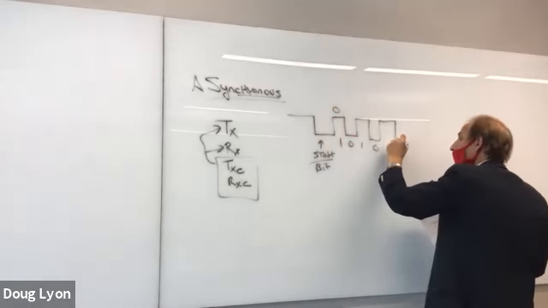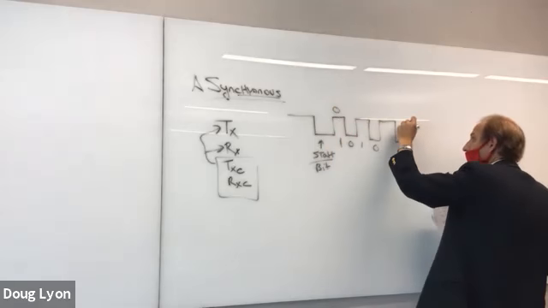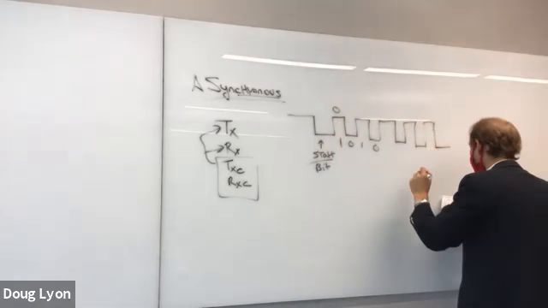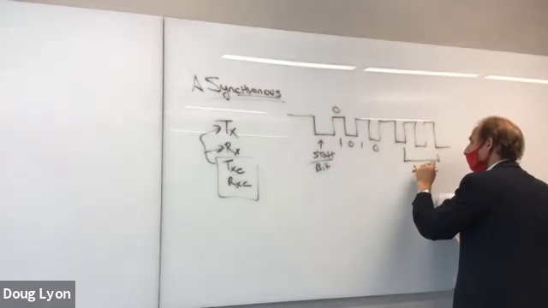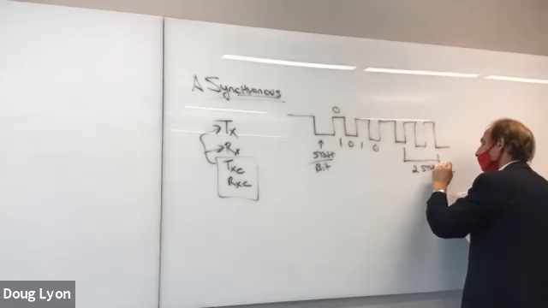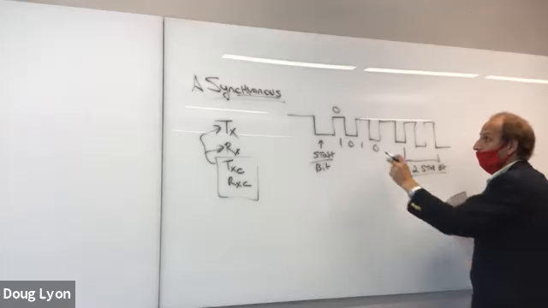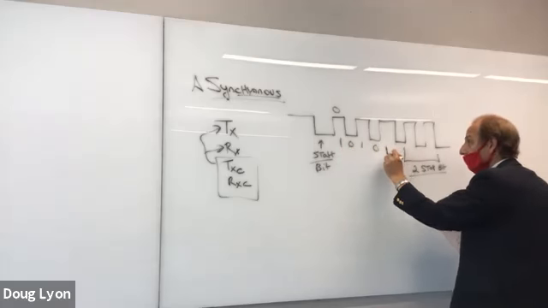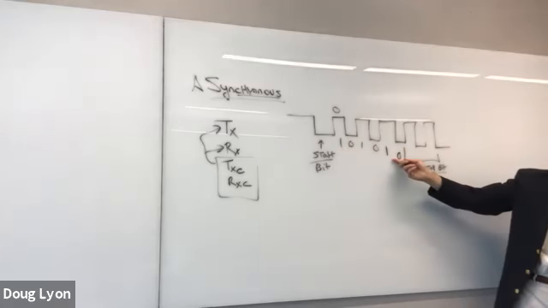And then you'll have some more framing bits. And this might be 2 stop bits. As the 2 stop bits come in, it's 1, 0, 1, 0, 1, 0. So this is your payload.